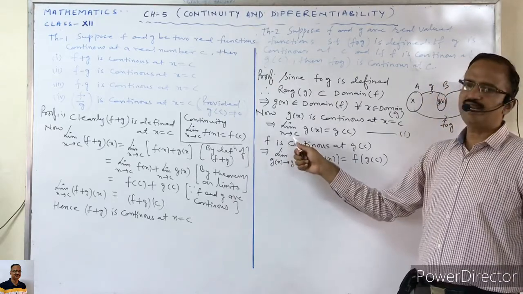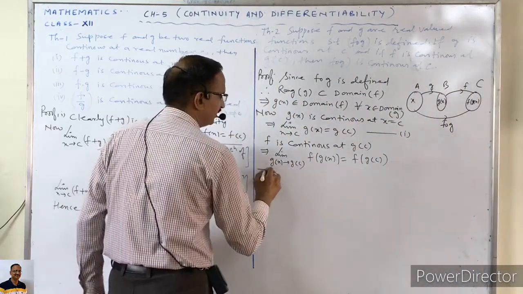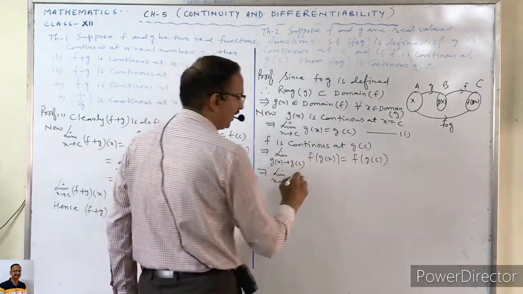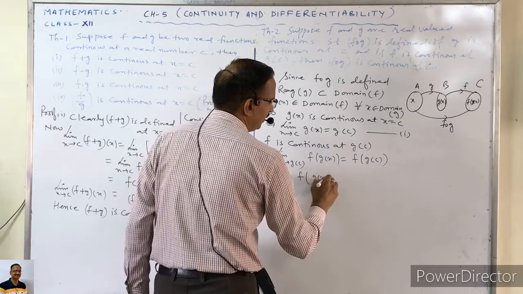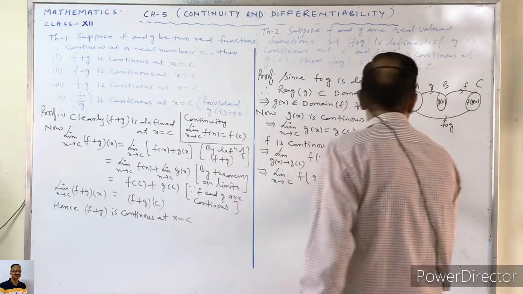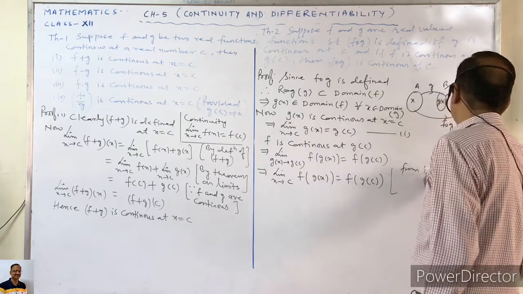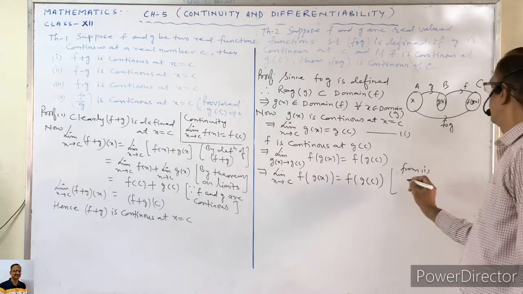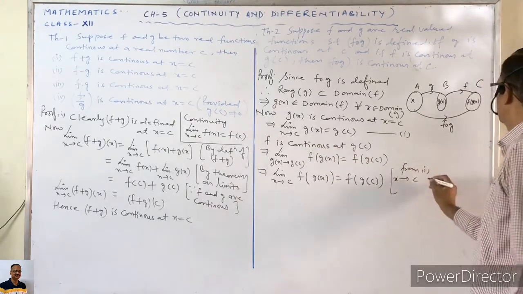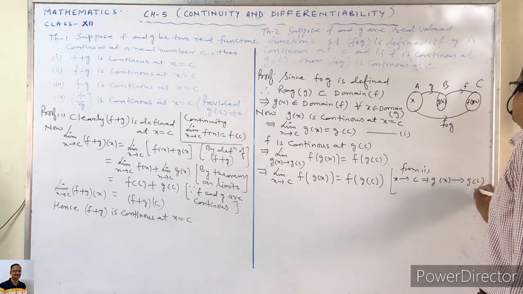So we can write this as limit x tends to c, f(g(x)) equals f(g(c)), from the first part: when x tends to c, g(x) tends to g(c).